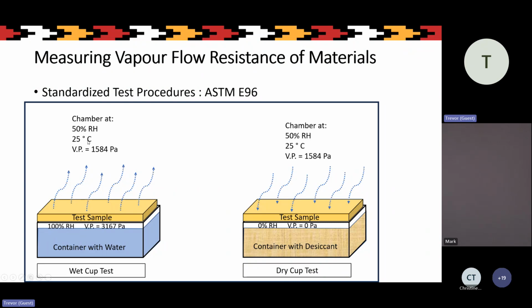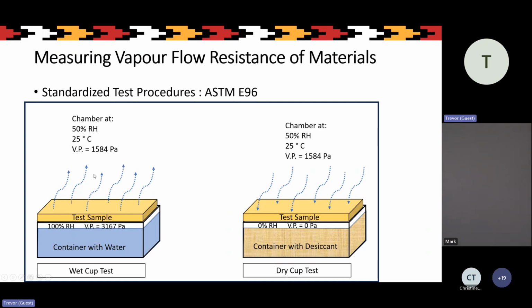Knowing those two conditions, we can determine the vapor pressure on each side of the material. So in a 100% RH wet cup sample, the vapor pressure on the backside is 3,100 pascals, and the vapor pressure in the chamber is 5,184 pascals.